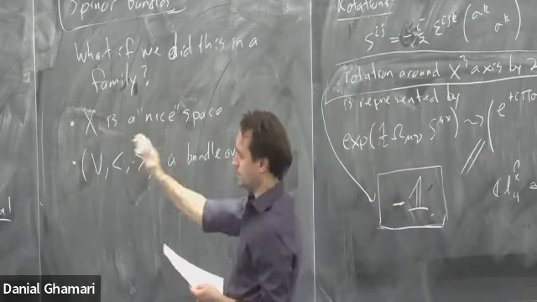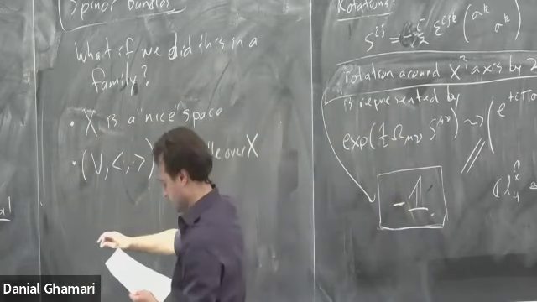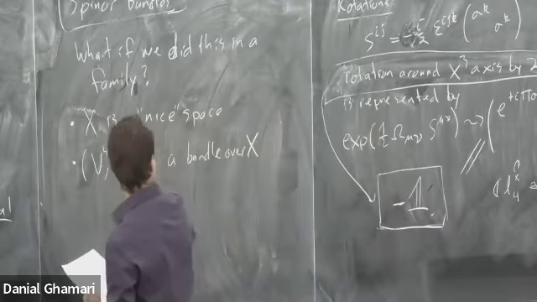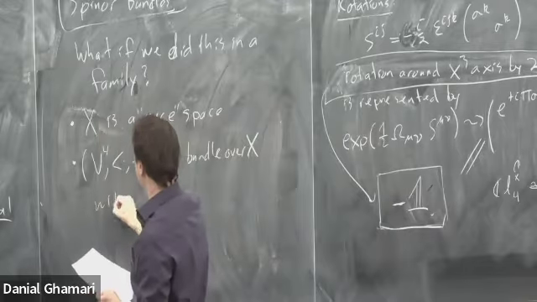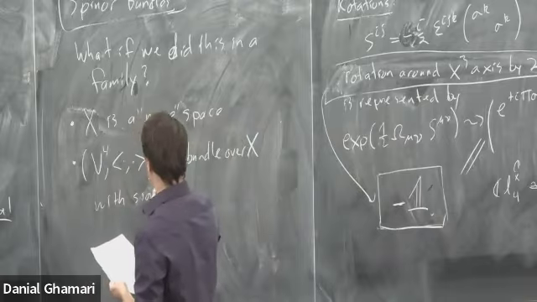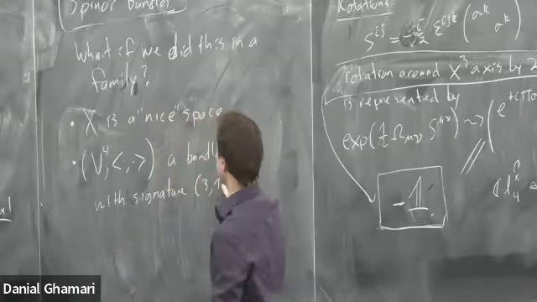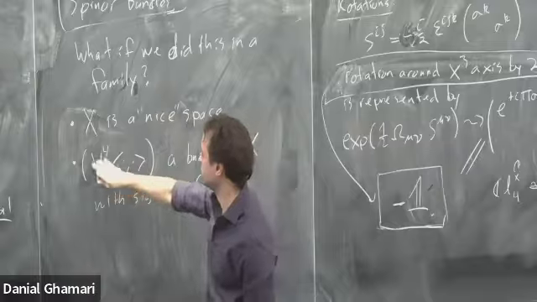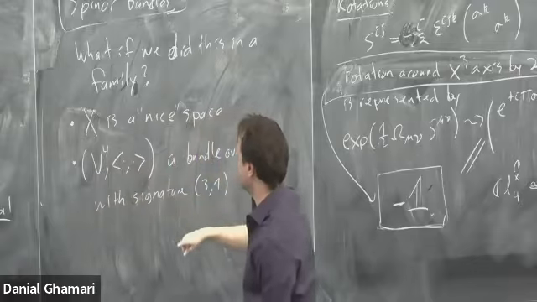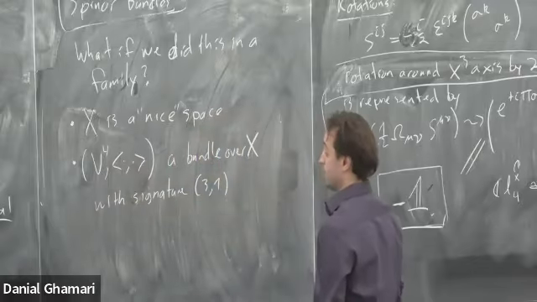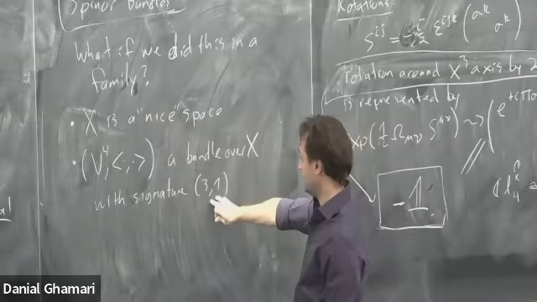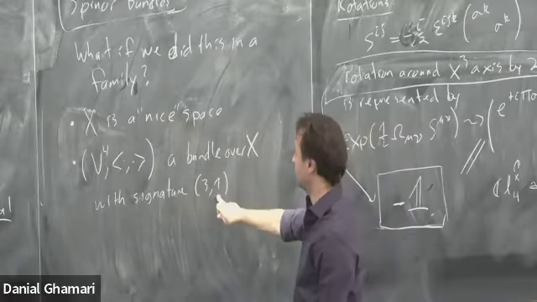And let's try to stick to this particular picture. So it's a four-dimensional real bundle with signature 3, 1, meaning that this inner product, which varies from fiber to fiber, is an indefinite inner product with signature 3, 1 in each fiber.